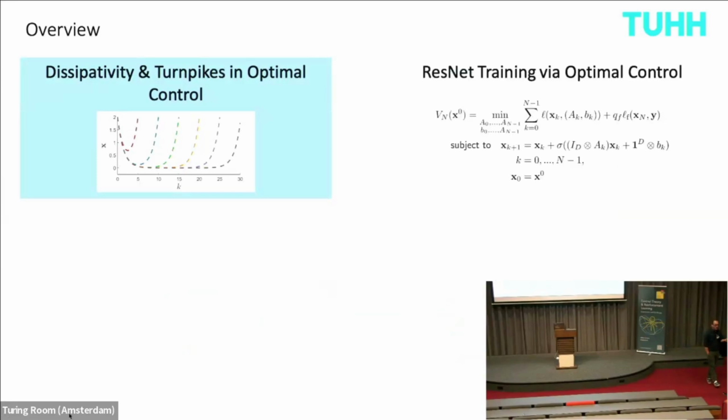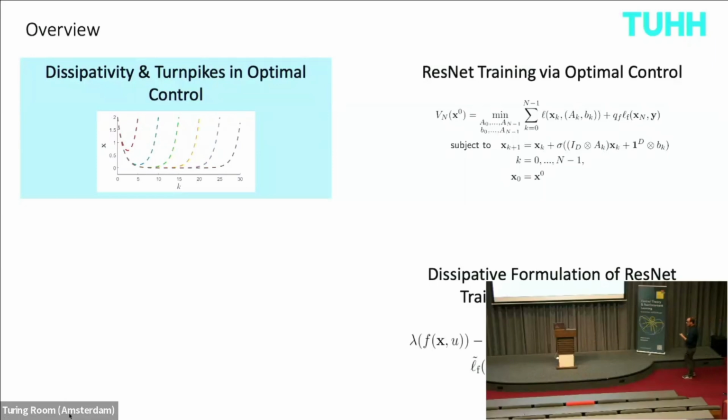Then I will turn the page and tell you that training of certain classes of neural networks leads to optimal control problems. Then we will see that I can write down these training problems such that they become dissipative, such that they have the turnpike property, which will allow me to give depth bounds, for instance, or to analyze what I can expect from an optimally trained network.